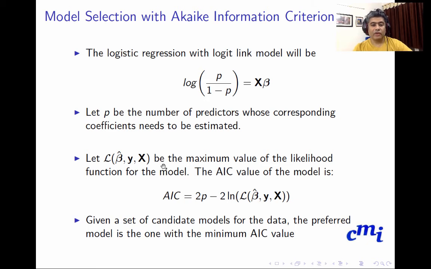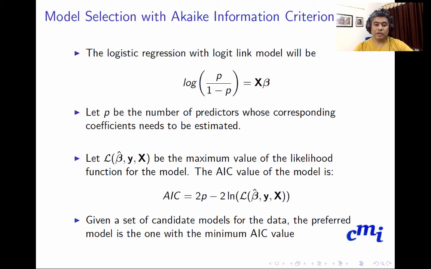So the AIC value of the model is 2p minus 2 times the log of the likelihood of beta hat given y, x. Given a set of candidate models for the data, the preferred model is the one with the minimum AIC value. Akaike information criterion can be used to choose the best model the way we did for the simple linear regression model.